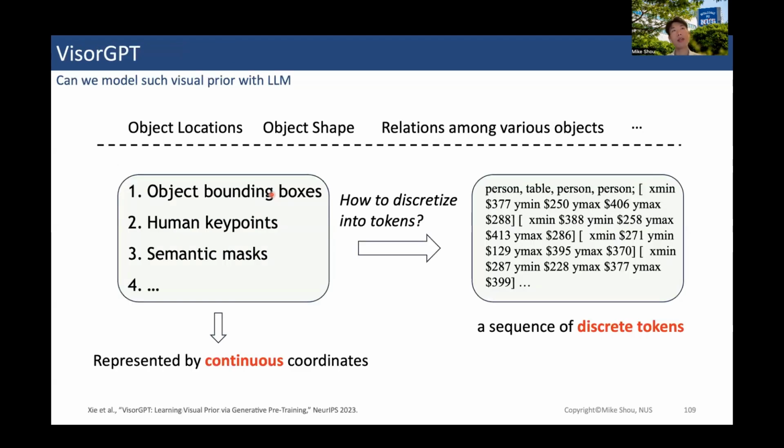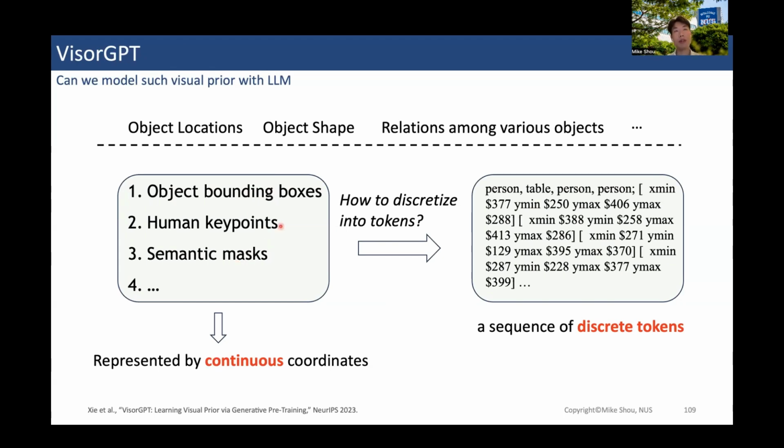We actually studied this problem in our newest paper this year, called VisualGPT. This visual prior information more specifically concerns object location, which is typically represented by the bounding box in the image, or object shape, which can be represented by either the semantic mask of the objects, or for humans, a skeleton or key points.